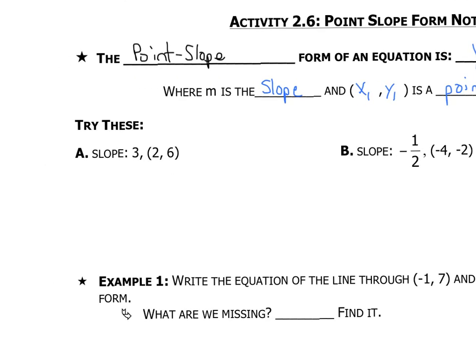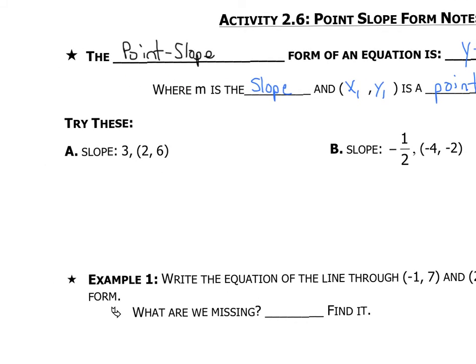So you have a slope of 3 and then a point 2, 6. So writing our equation out, y minus y1 equals m parentheses x minus x1. The slope of 3 will go right into the m. This point here, 2 and 6, goes into the ones with the ones.